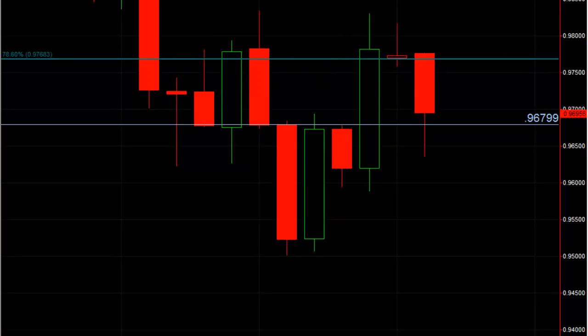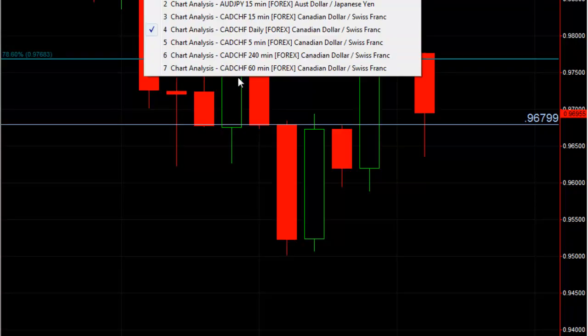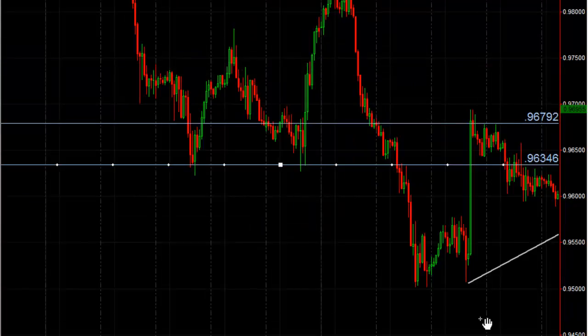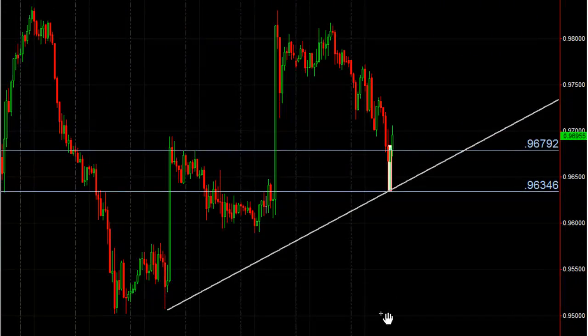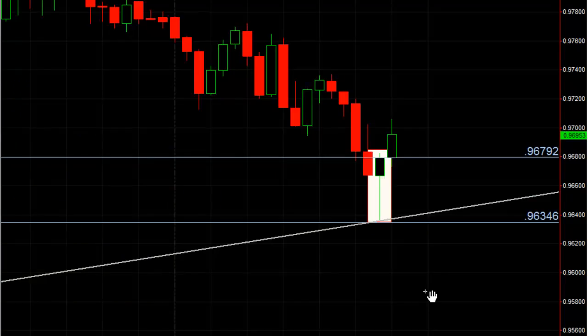We went further down to a 60-minute time frame, and on the 60-minute time frame we saw this hammer formation, which is a reversal formation, and the head of the hammer coincidentally was at the 0.9680-ish handle.